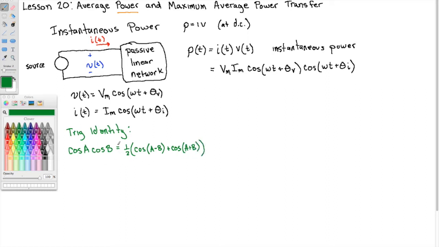So this is a beautiful identity. It says you have cosine of A times the cosine of B. It's the average of the cosine of the difference with the cosine of the sum. It's pretty cool.